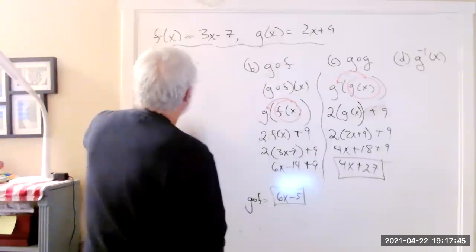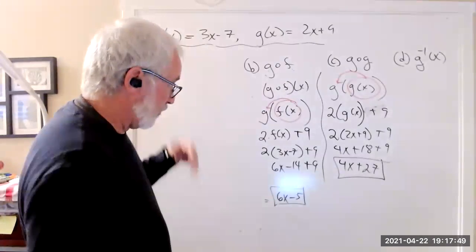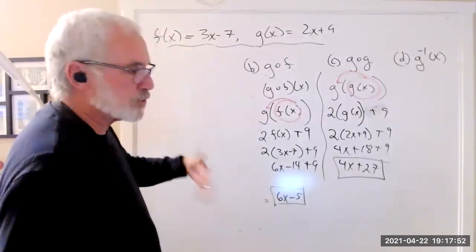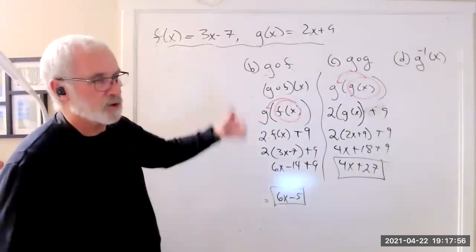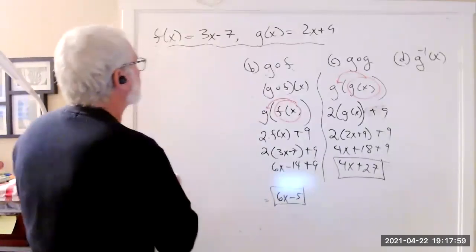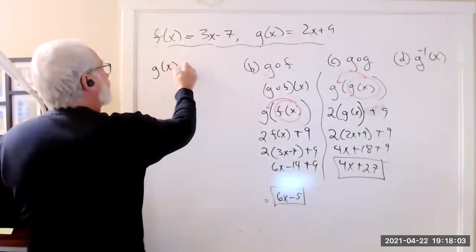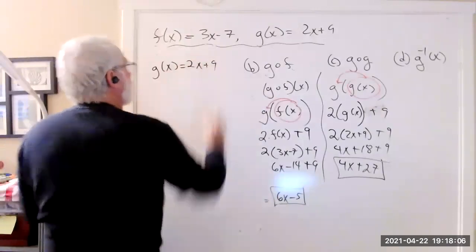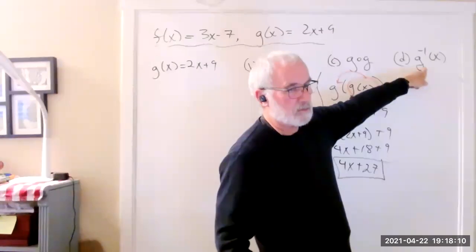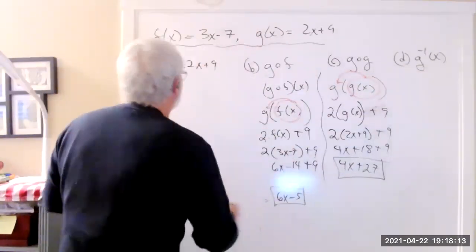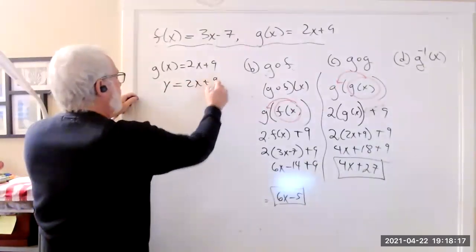Now, Richard was asking about this problem, alluding to it, but he was asking for the inverse in a much more difficult problem, which I said we'll deal with next week. But if you have G of X equals 2x plus 9, I'm finding G inverse. The rules were: first write it as y equals 2x plus 9.